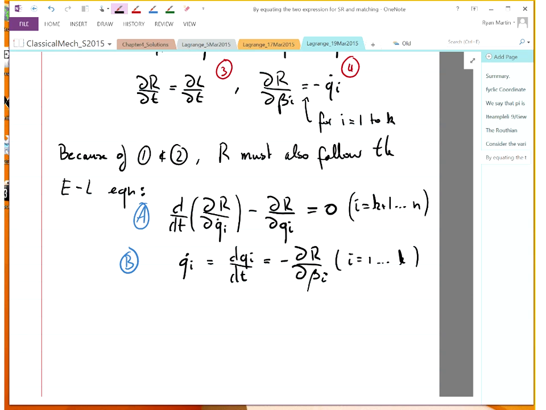So we have succeeded in what we're trying to do. We're trying to make it easier to deal with the cyclic coordinates. So we completely get rid of them, and then we can simply write out that their time derivatives are equal to some derivative of the Routhian. And then the coordinates that aren't cyclic, well, tough luck. We still have to handle them the same way, so they still follow the Euler-Lagrange equation with the Routhian instead of the Lagrangian. But of course, you could have L in there instead of R because ∂R/∂qi dot is the same as ∂L/∂qi dot. We showed that.